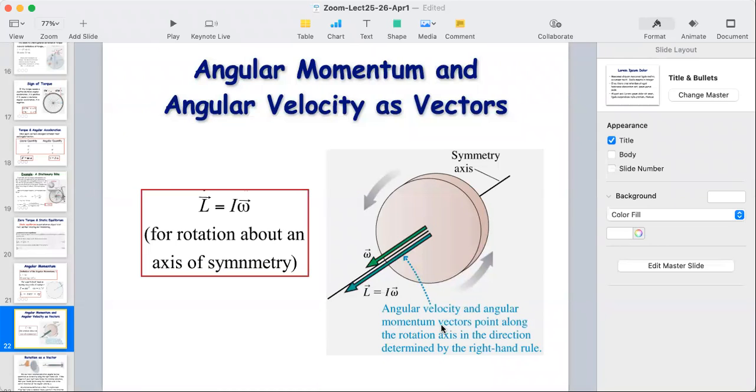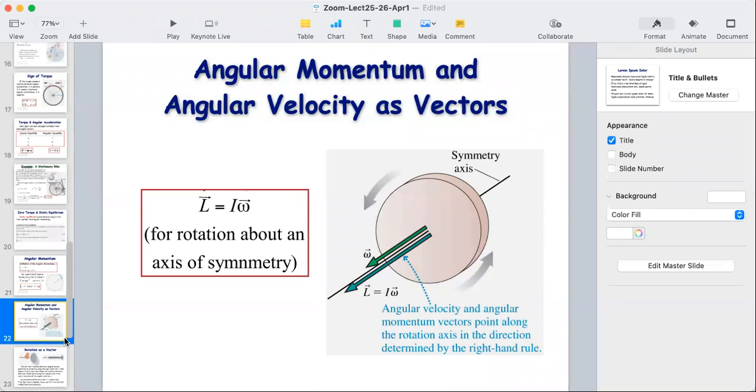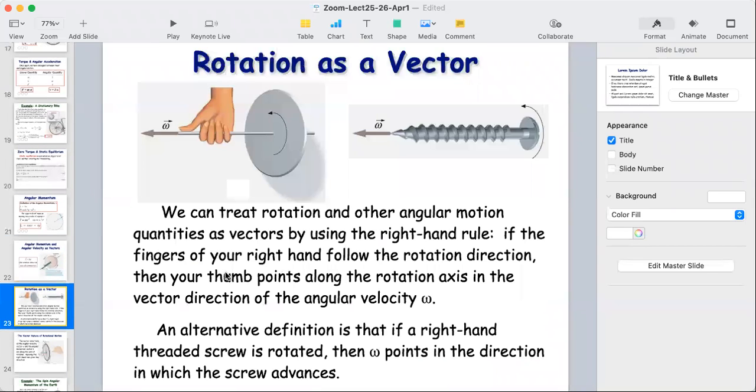So angular velocity and angular momentum vectors point along the rotation axis in the direction determined by the right-hand rule. How does the right-hand rule work? You move your hand, like you see in this picture, with all your fingers moving like the arrow below, and the thumb indicates the direction of omega. So we can treat rotation and other angular motion quantities as vectors by using this right-hand rule.